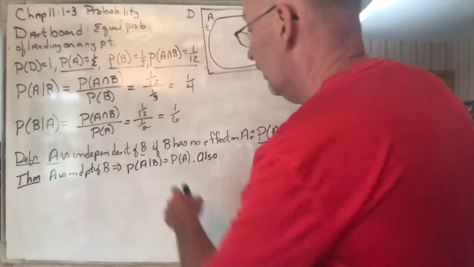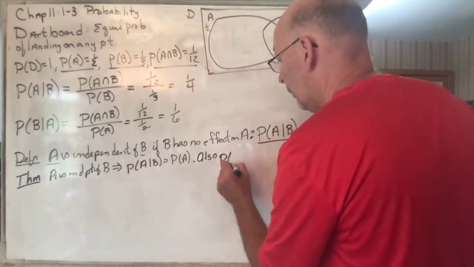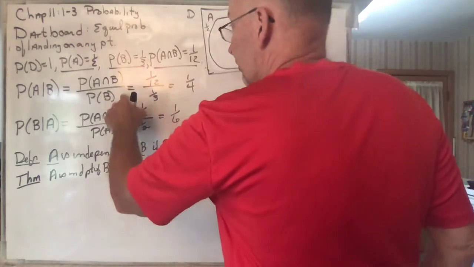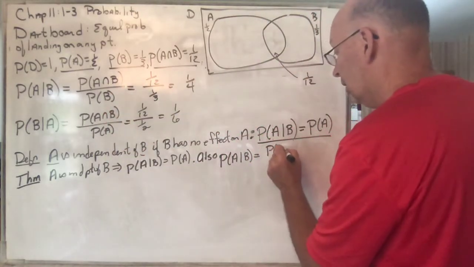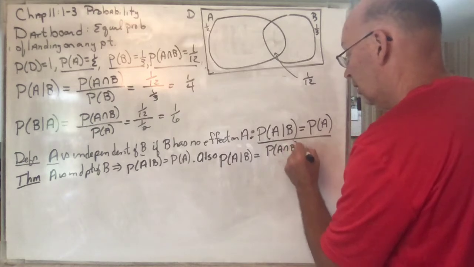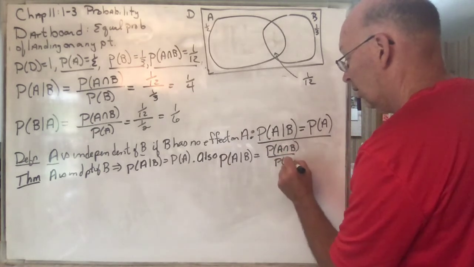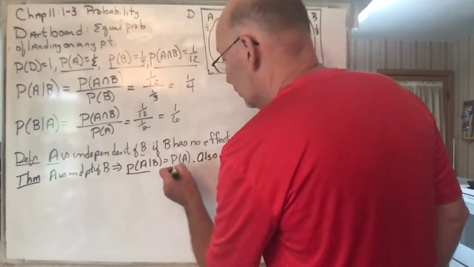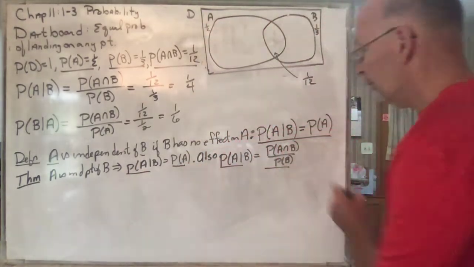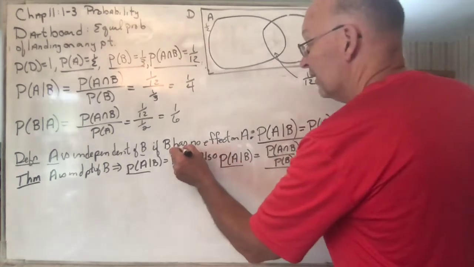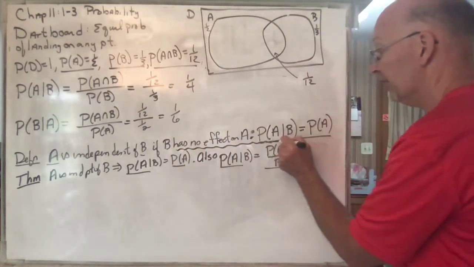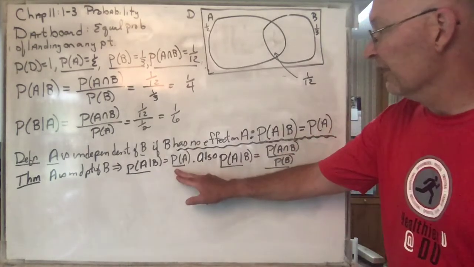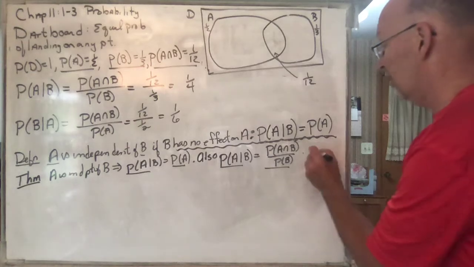The definition of the probability of A given B, it's always the case that this is going to be true. Okay? So look at here. This thing is equal to this, and this thing is also equal to this. I'm going to make this a squiggly line just so you don't think there's any dividing happening there. Okay? So this is equal to that, and it's also equal to this.